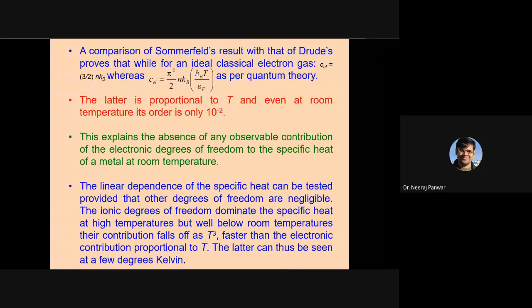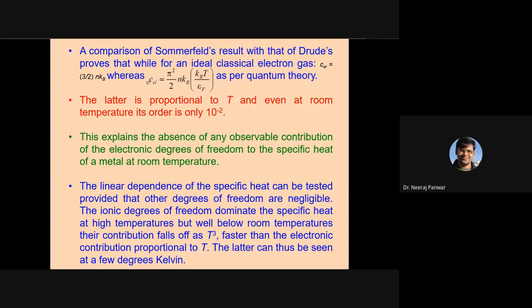This is proportional to T, whereas the classical one is temperature independent. So as per Drude, the specific heat of electrons is going to remain constant at all temperatures. However, experimentally, it is observed that electronic specific heat varies linearly with temperature, and this is what we have proved using the Sommerfeld quantum free electron theory.